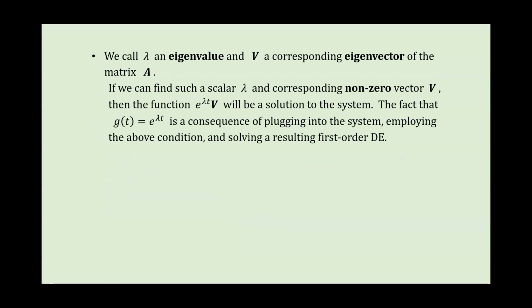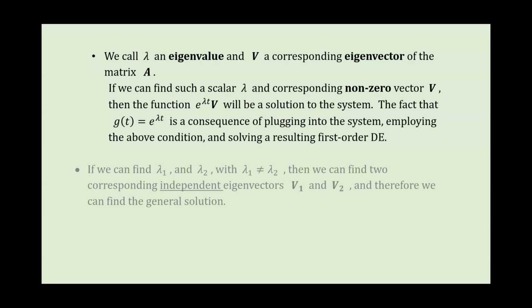So we call lambda an eigenvalue and v a corresponding eigenvector for the matrix capital A. If we can find an eigenvalue and eigenvector pair, then the function g of t, it turns out, is forced to be not just any type of function, but actually exponential, and the exponent on that exponential is lambda t. So g of t takes a certain form. That form results from solving a certain first order differential equation. So if we can find these appropriate eigenvalue, eigenvector pairs, we will have straight line solutions.